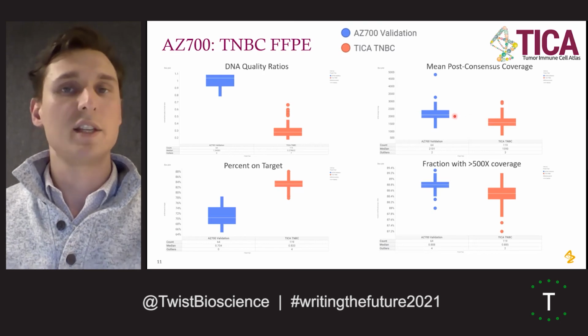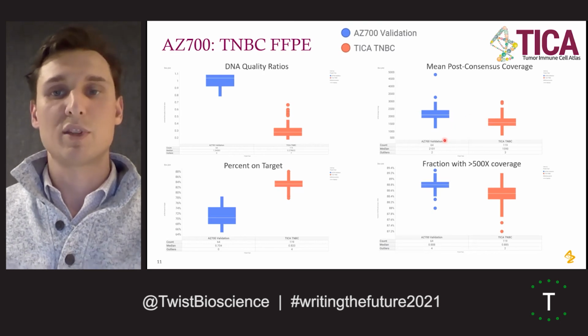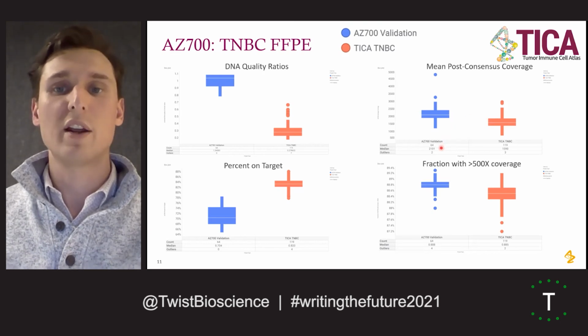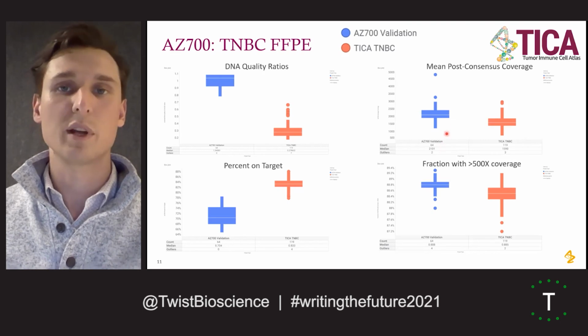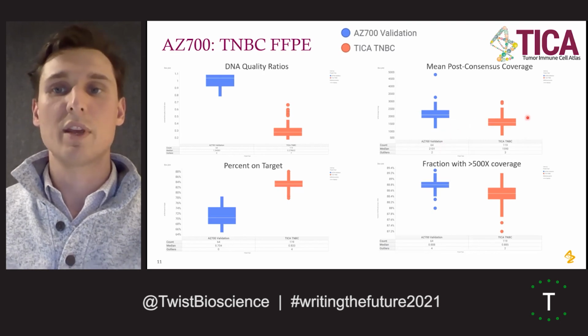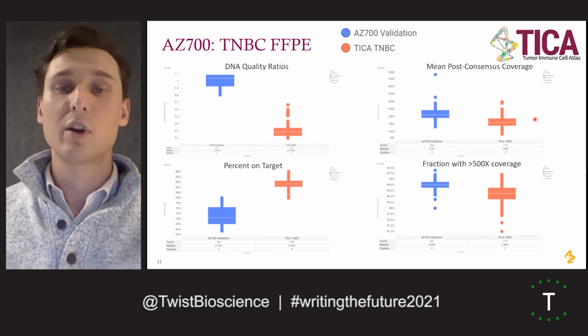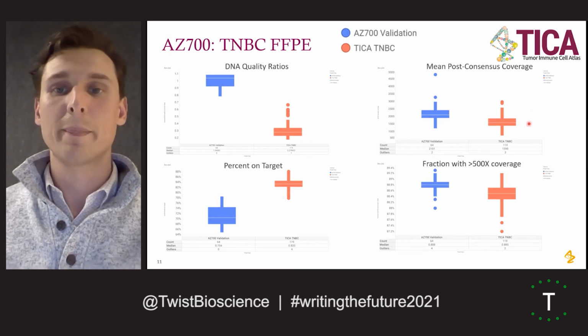And while the AZ700 validation sample set did overall achieve a higher coverage at just over 2100x in total average, we were very pleased with this result from the TNBC cohort.